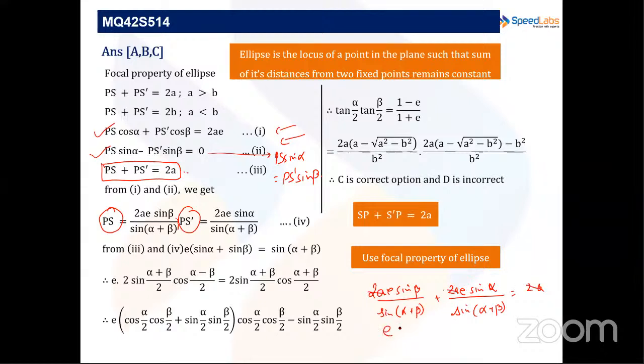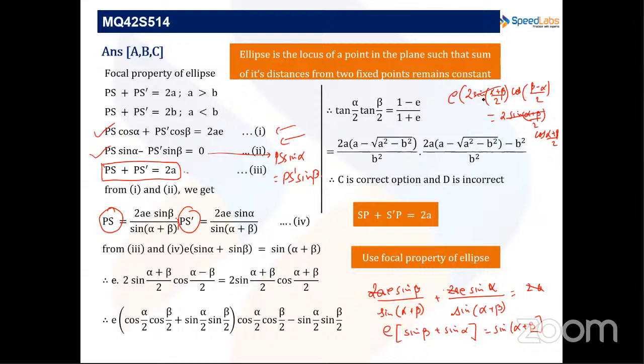2a will be cancelled out. e into sin beta plus sin alpha will be equals to sin alpha plus beta. Now, sin C plus sin D, that will be 2 sin C plus D by 2 into cos C minus D by 2, and from the formula of sin 2 theta it will be 2 sin alpha plus beta by 2 into cos alpha plus beta by 2.